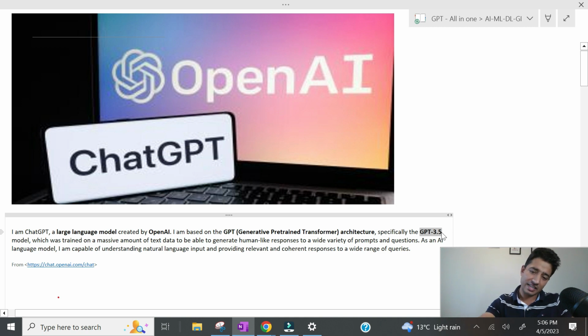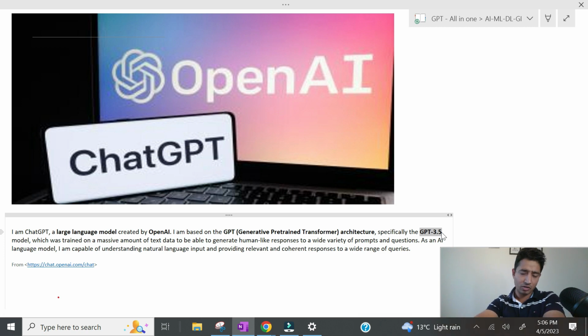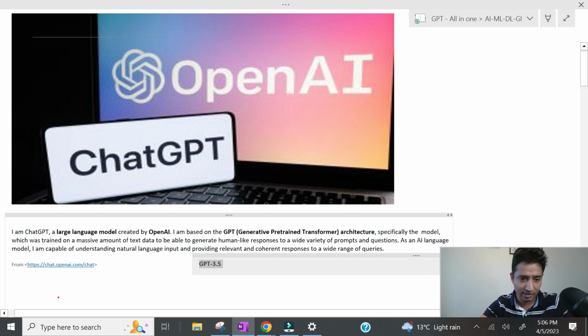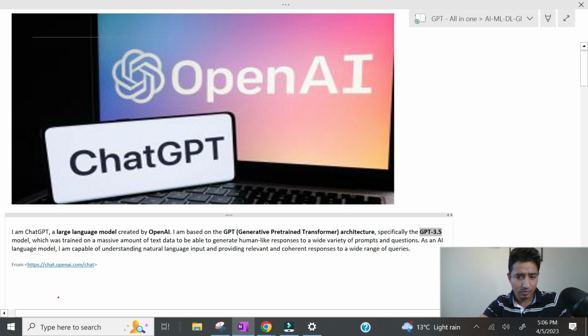And since it mentioned GPT 3.5, we will be making videos around the different GPT models, GPT 1, GPT 2, GPT 3, GPT 3.5, GPT 4, and everything. And it is trained on a massive amount of text data. We will be discussing what this massive amount of text data is, and it generates human-like responses.